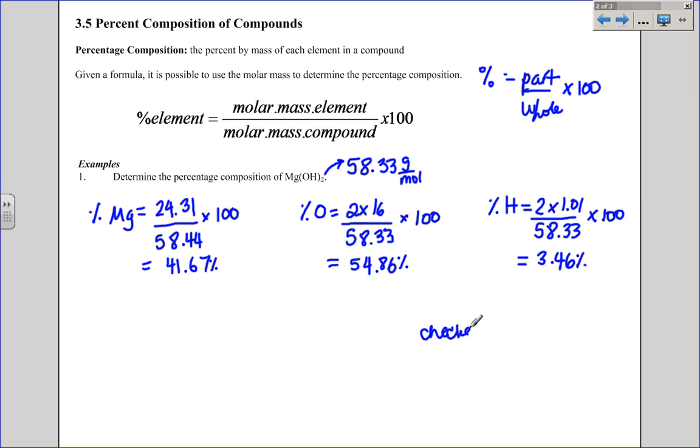Because if I've done everything correctly, then my percentages should all total up to 100 or very close to it. In this case, I find that my sum is 99.99%, which is very close to 100, so I'm very happy with that value. And it's normal to have something that's not exactly 100 because of the rounding that we've needed to do in collecting our data from the periodic table.